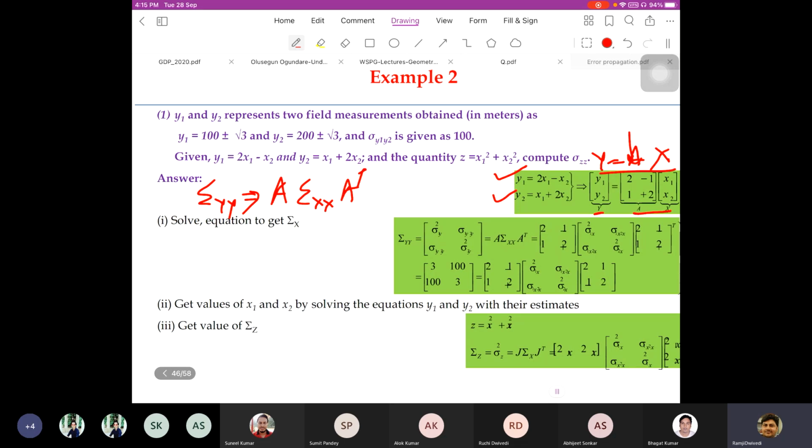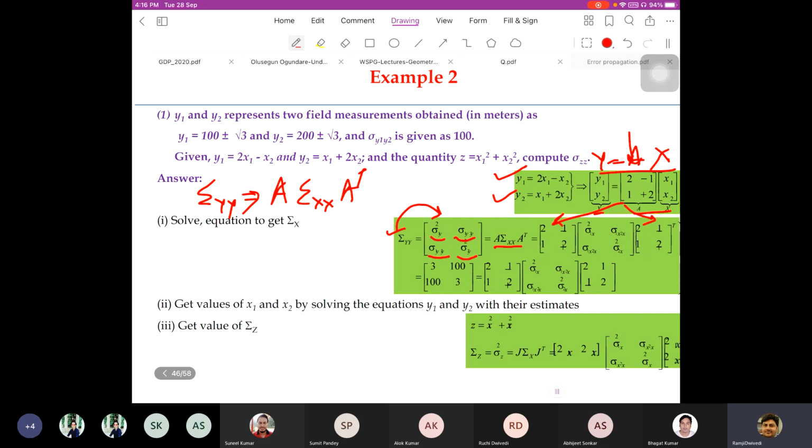If it is A sigma xx A transpose, then it is written as sigma y1 square, sigma y1 y2, sigma y2 y1, sigma y2 square. You are opening the sigma yy. Then on the right hand side you will have A sigma xx A transpose. What is A?